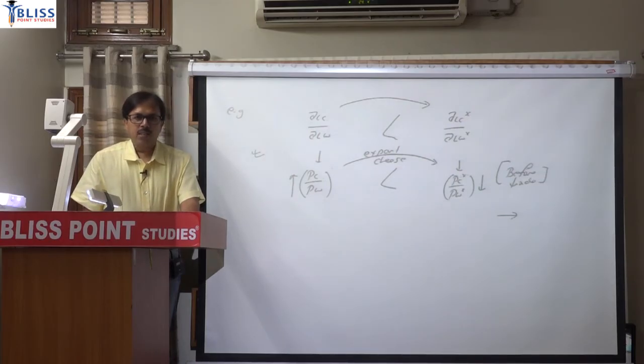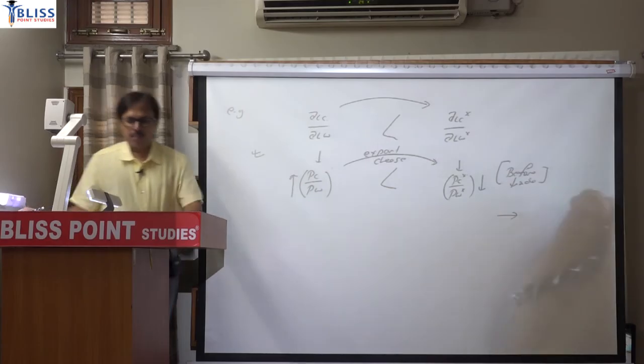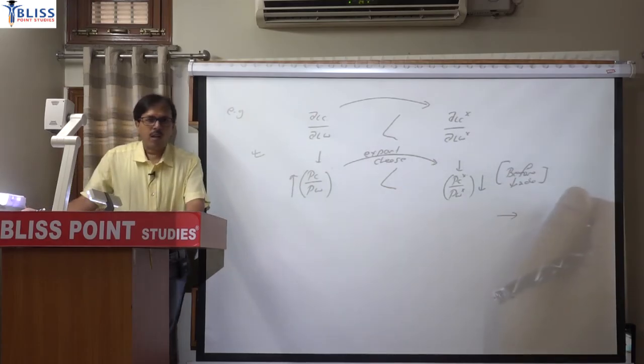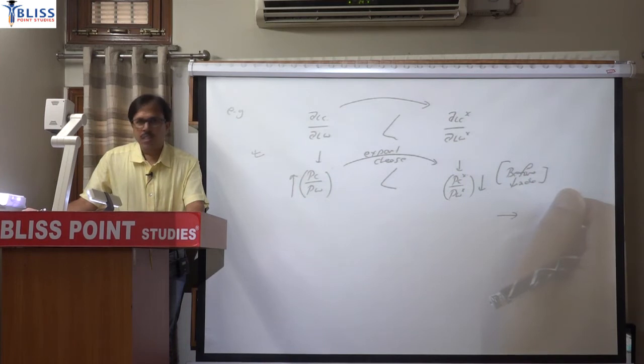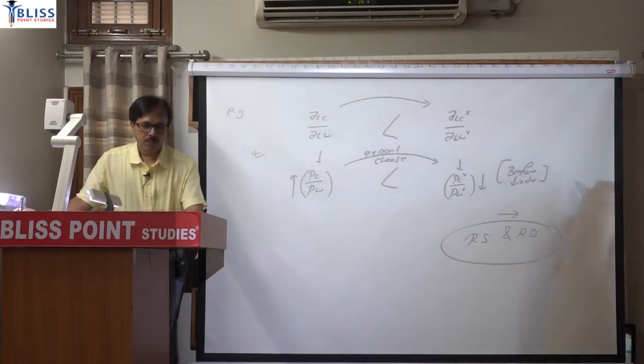So after trade, relative price is determined by the intersection of relative supply and relative demand, the intersection of RS and RD.